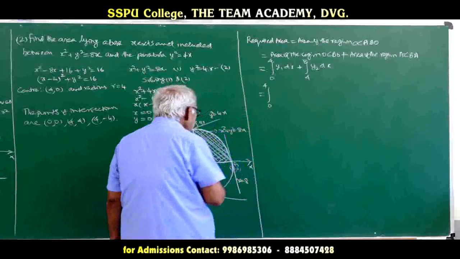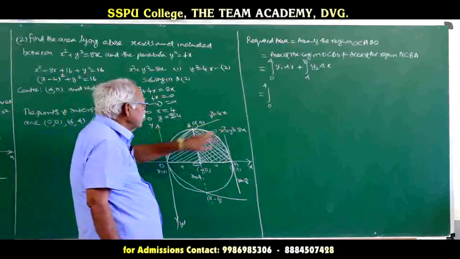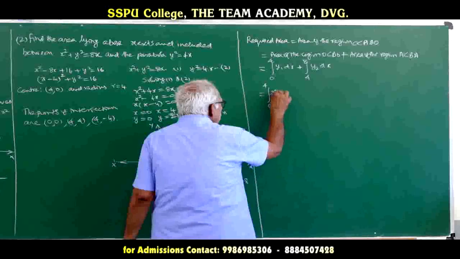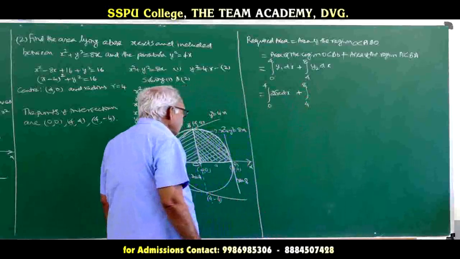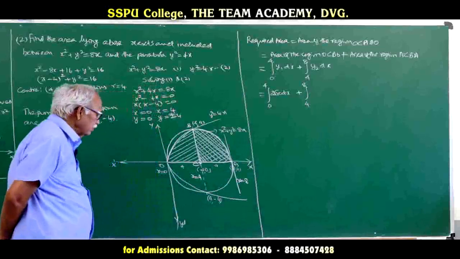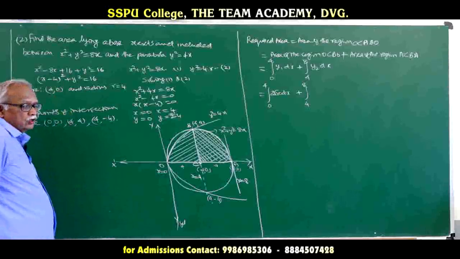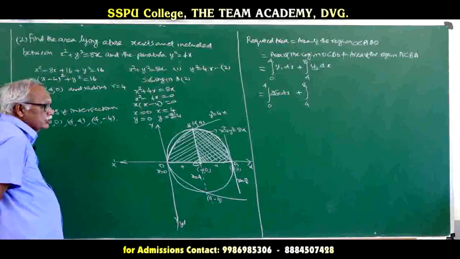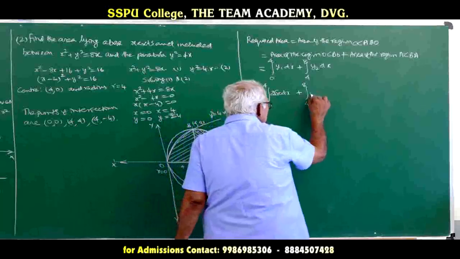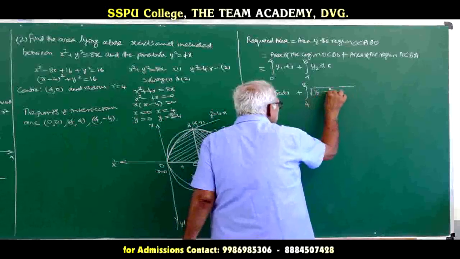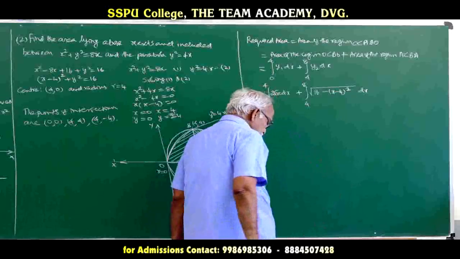From 0 to 4, here y1 is this curve, that is y1 square is equal to 4x, that is y1 is equal to 2 root x dx, plus 4 to 8. For the circle, how will you get this? What is the circle equation? Here we have this circle equation, x minus 4 whole square plus y square is equal to 16. So, from that we have to take the equation of y, that is y is equal to root of 16 minus x minus 4 whole square into dx.